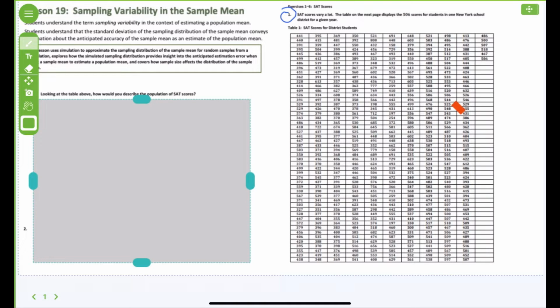I see a 722, so that looks like a high right now. Looking for a low. I don't see anything in the 100s, I don't think. So maybe a 200. See if there's anything in the 200s.